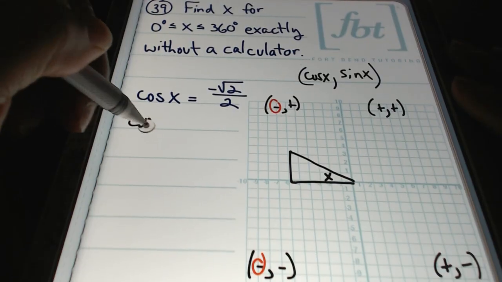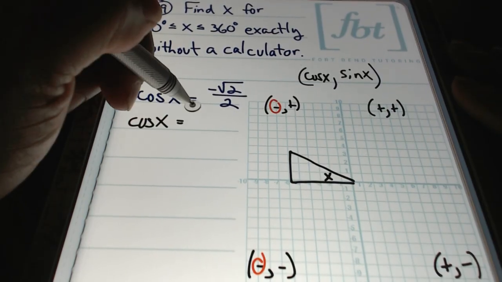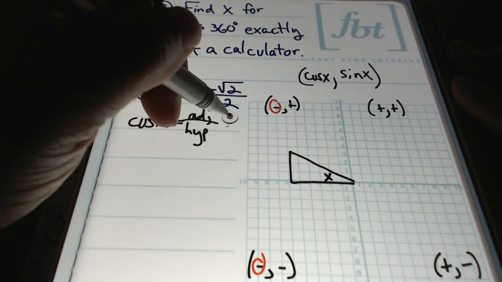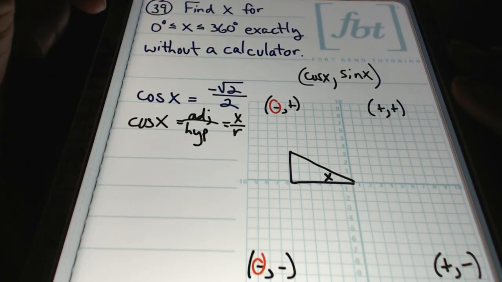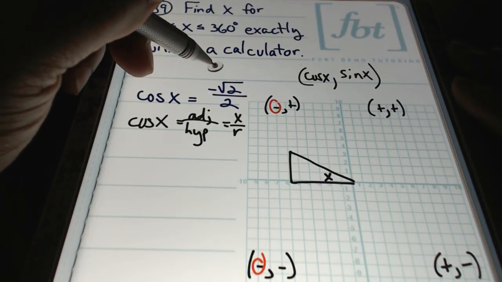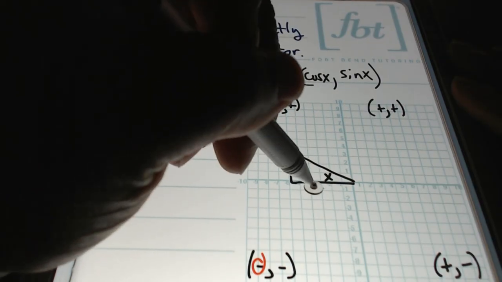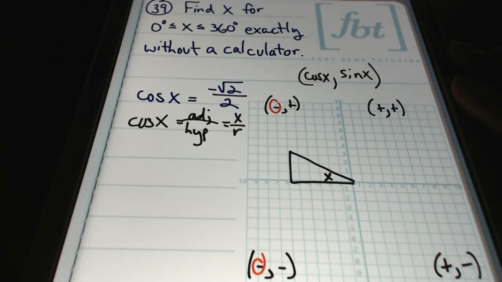Because cosine, guys, has a ratio of the adjacent side divided by the hypotenuse, or you can say x over r, then that means that in this ratio where negative square root of 2 divided by 2 is concerned, you would have negative square root of 2 here. Yeah, I think I want to simplify this.